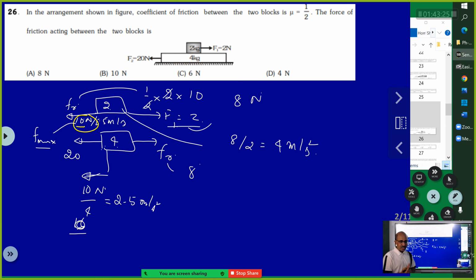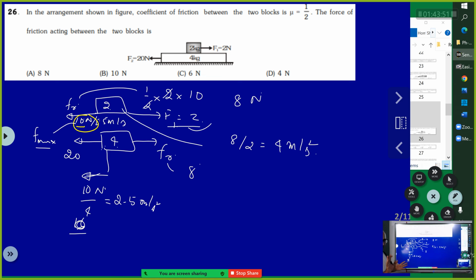The frictional force is a self-adjusting force. It can become less also. We have calculated 10 as the maximum frictional force. Understand?